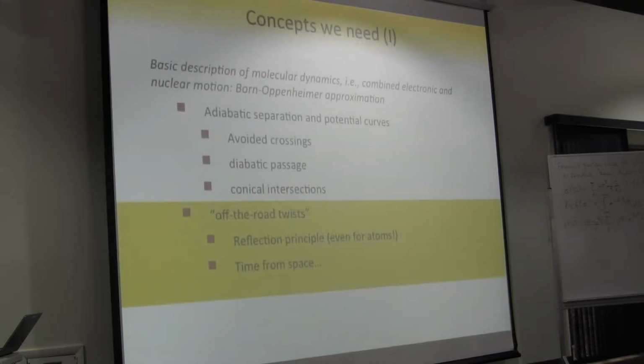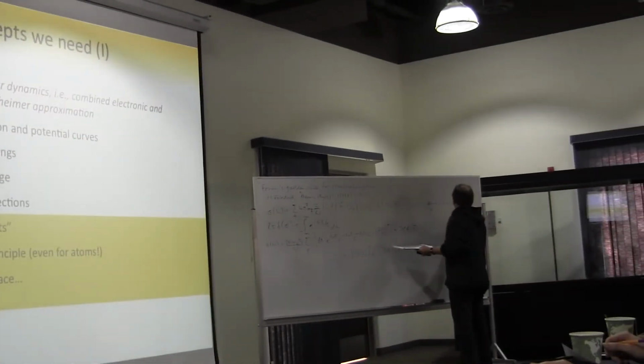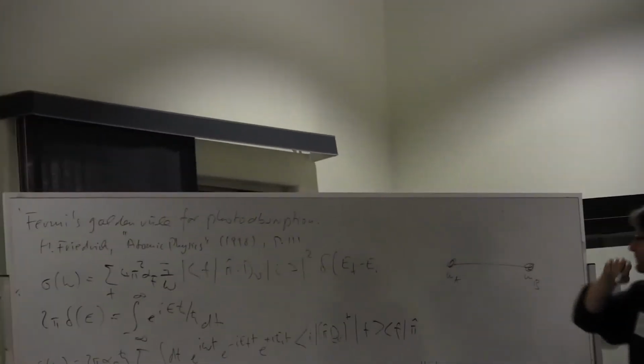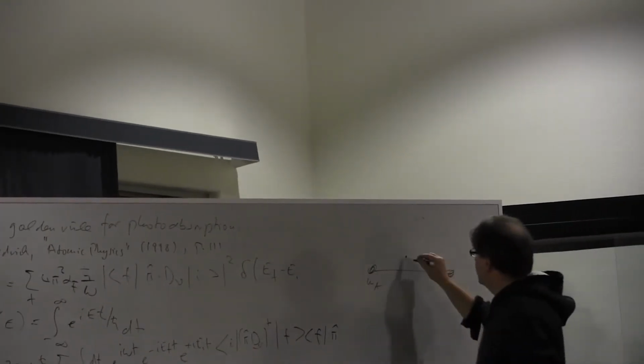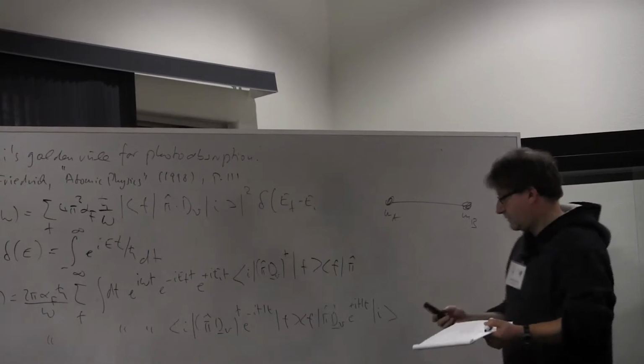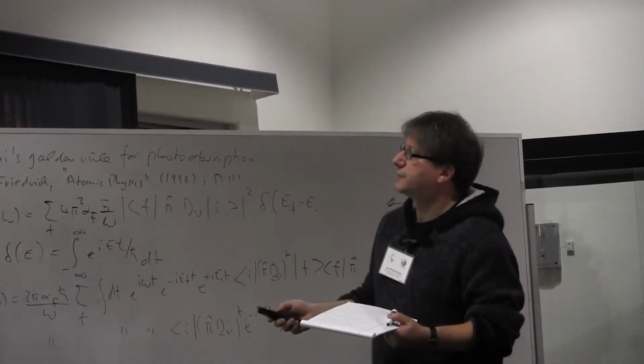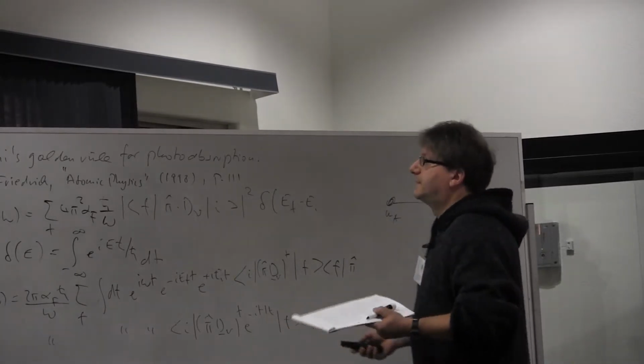So you think of it something like that, 2 atoms, this is mass A, mass B, and this is our coordinate R.